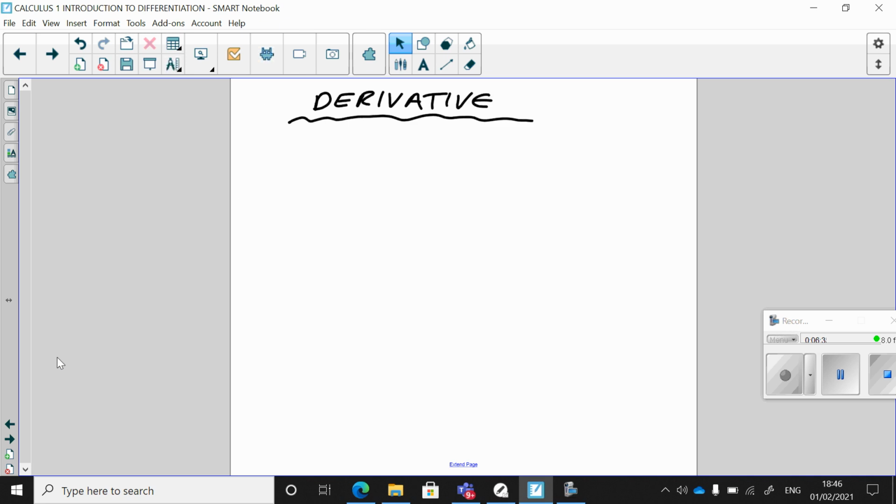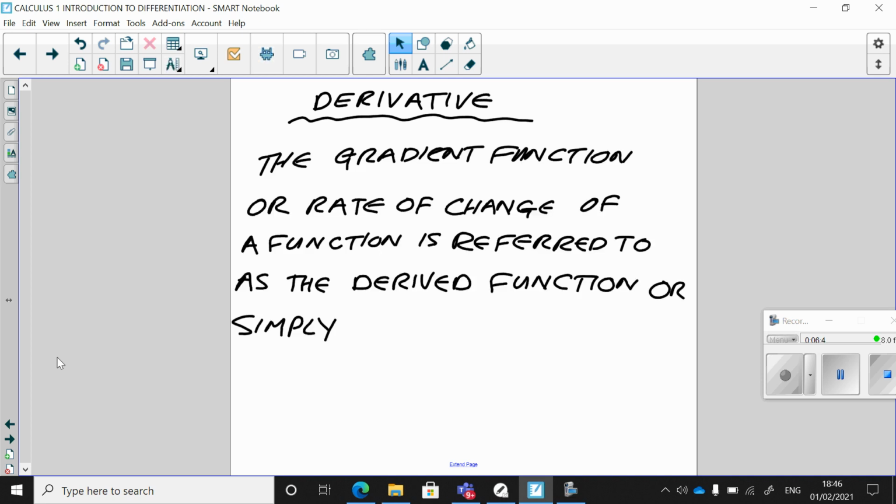So we're going to talk about a thing called a derivative. Well, the derivative is the gradient function or rate of change. We've specified that rate of change is going to come into this quite a lot. So we're talking about the rate of change of the function.